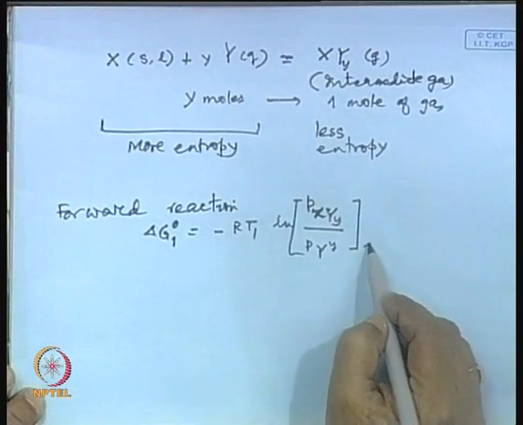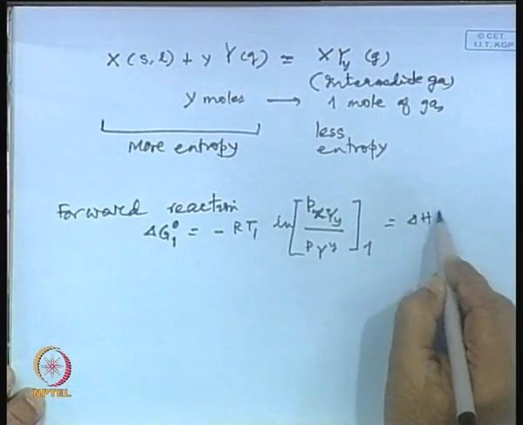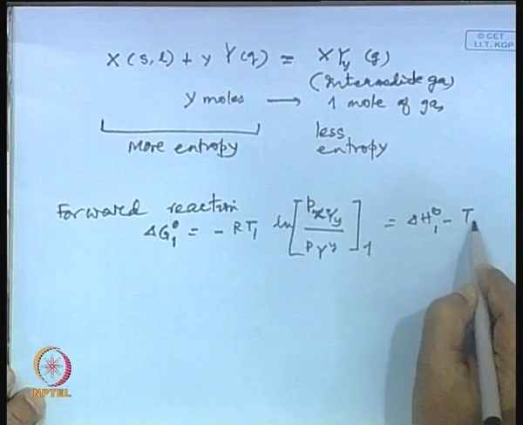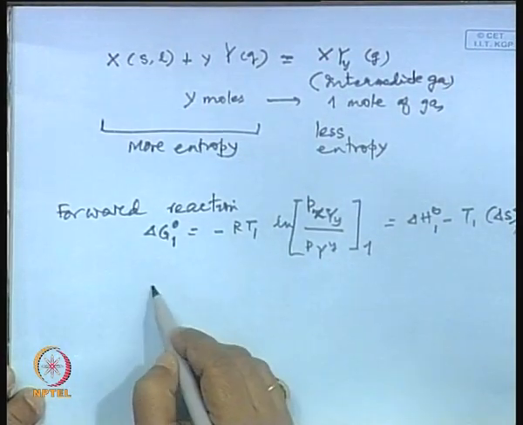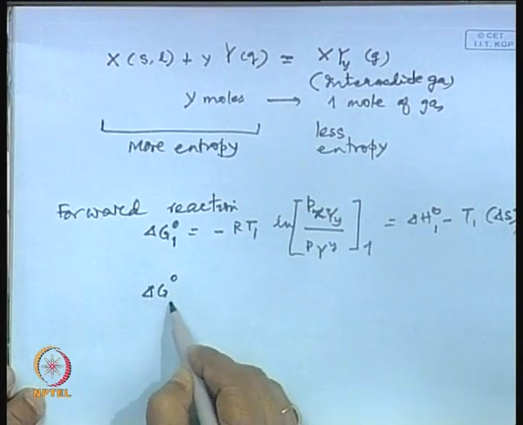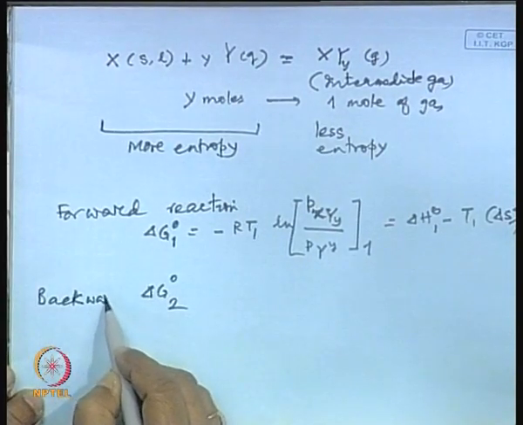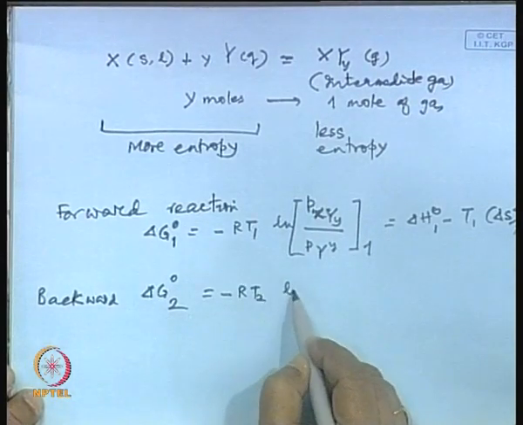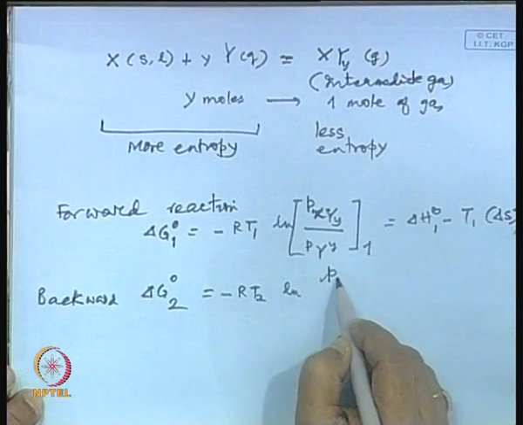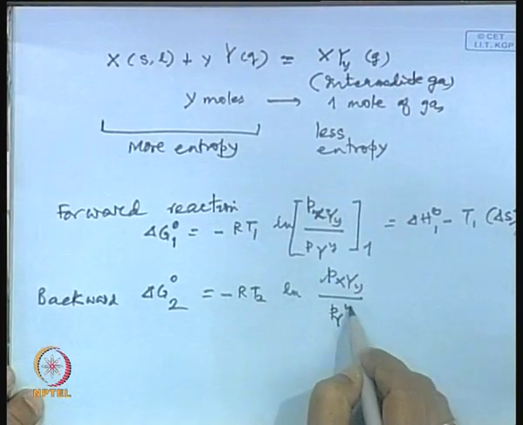It is happening at temperature T 1: delta H naught 1 minus T 1 delta S naught 1. And for the backward reaction, we can similarly write ln P x y y P y y.